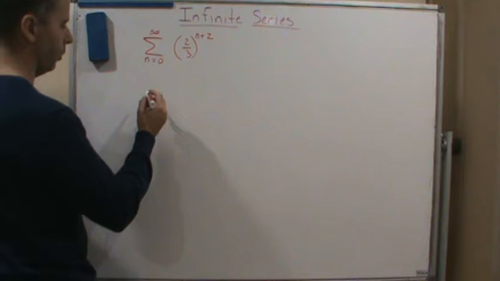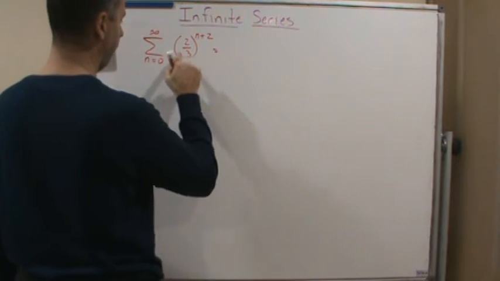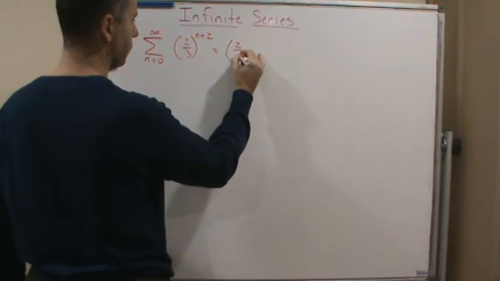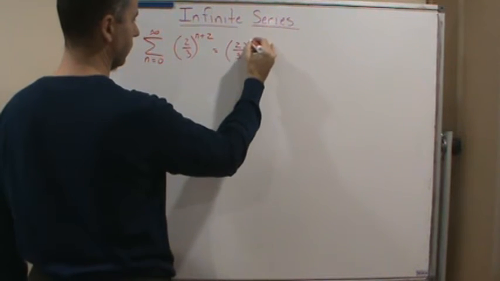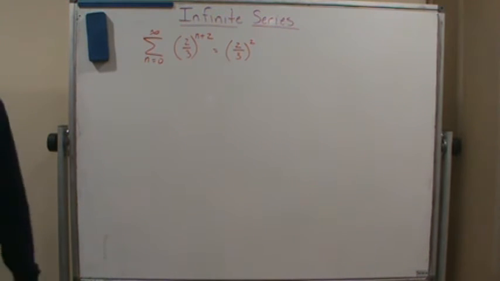Okay. So we can write this as, well, if n is 0, then we get 2/3 squared, right?